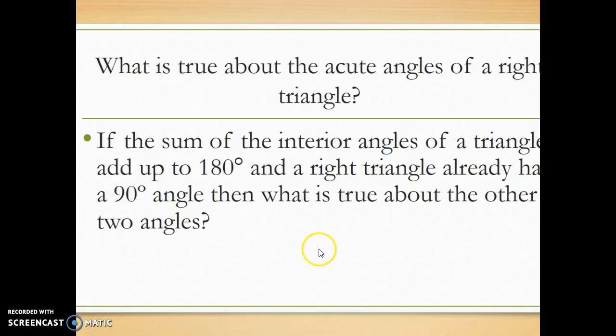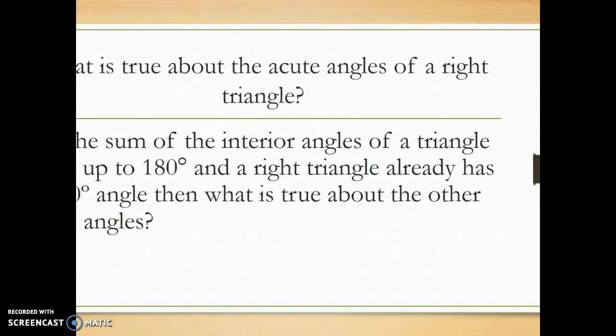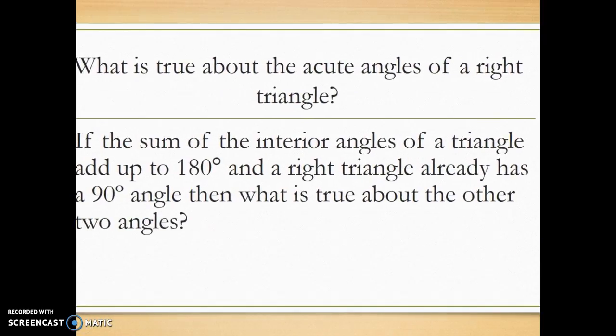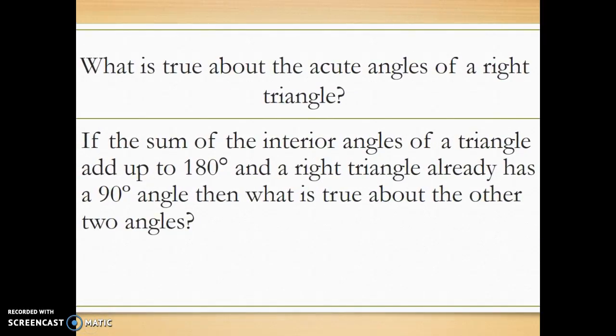Alright, so if the sum of the interior angles of a triangle adds up to 180 degrees, and a right triangle already has 90 degrees, what is true about the others? This is a corollary. If I have a right triangle with a 90 degree angle, and they all have to add up to 180, what does x plus y have to add up to?